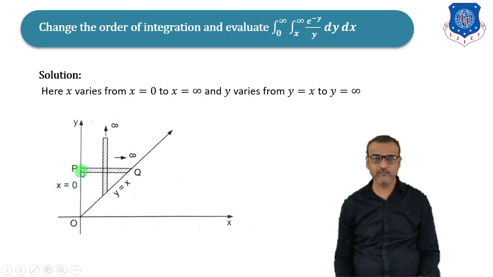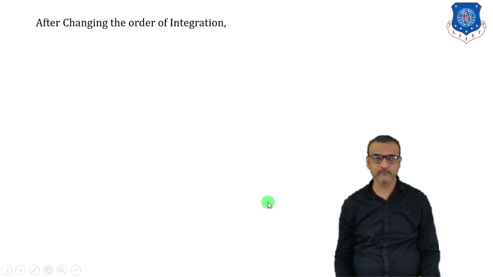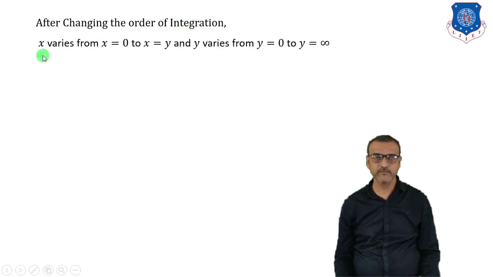So x will vary from 0 to y. So the final limits are y from 0 to infinity and x from 0 to y. After changing the order of integration, x varies from 0 to y and y varies from 0 to infinity.